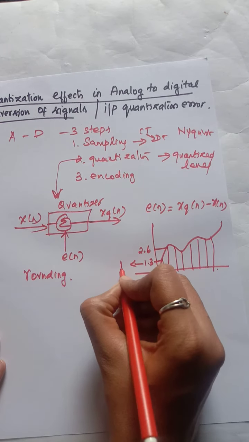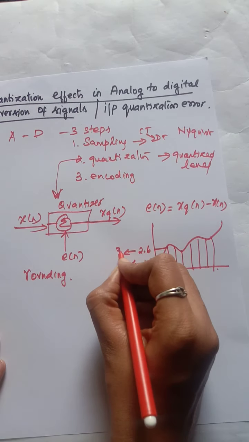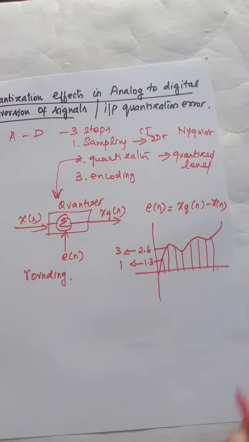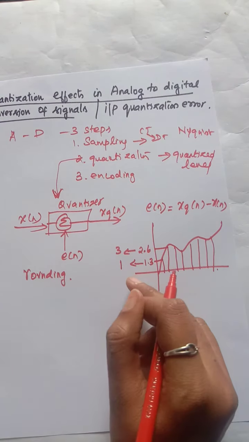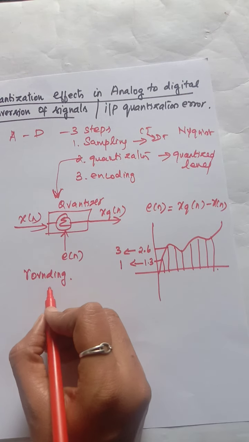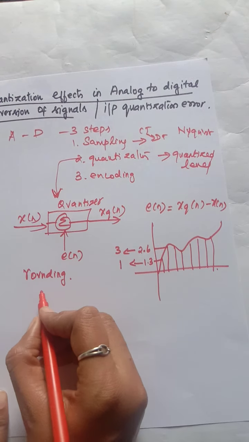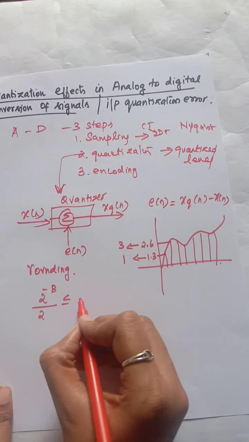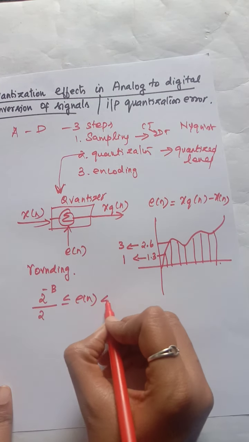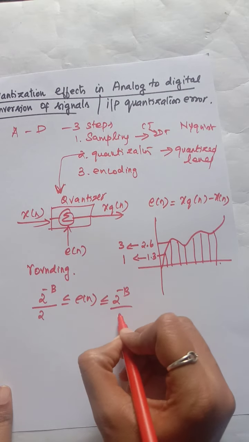Here I will make it 1 and this I will make it 3. Due to this rounding you will get some error, and that is said to be the quantization error. Since the process involved is rounding, minus 2 power minus b by 2 is less than e of n, the quantization error, which is less than 2 power minus b by 2.